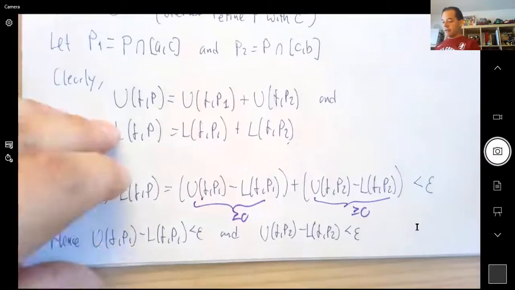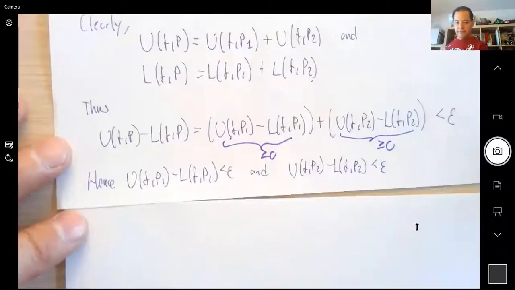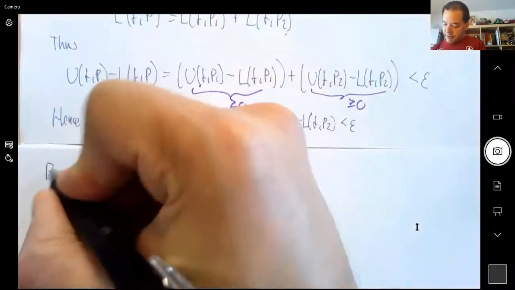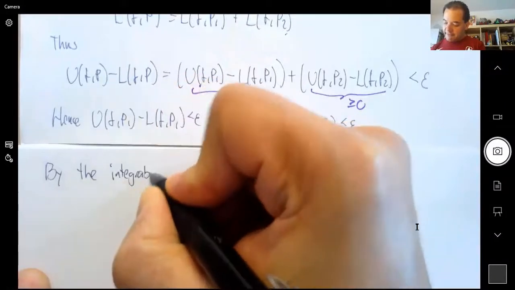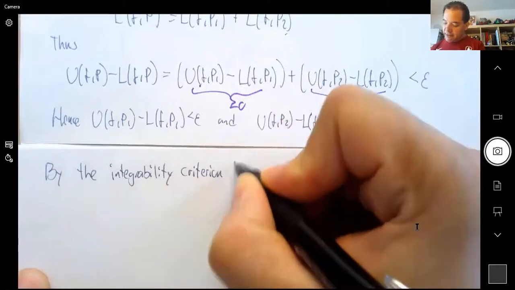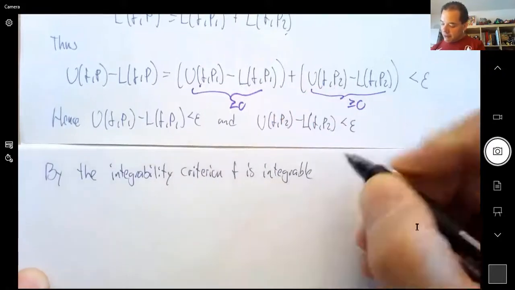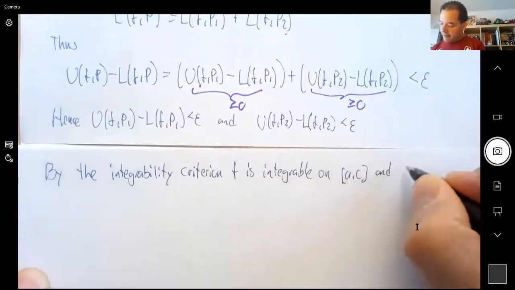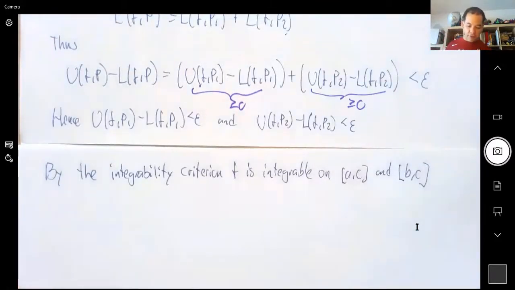So by the integrability criterion, f is integrable on AC and CB. We did it simultaneously for the two of them.